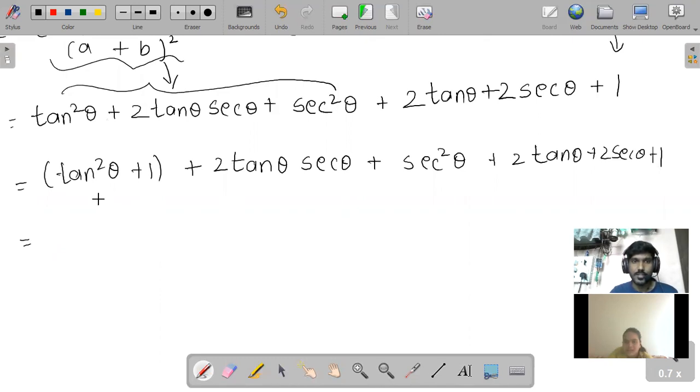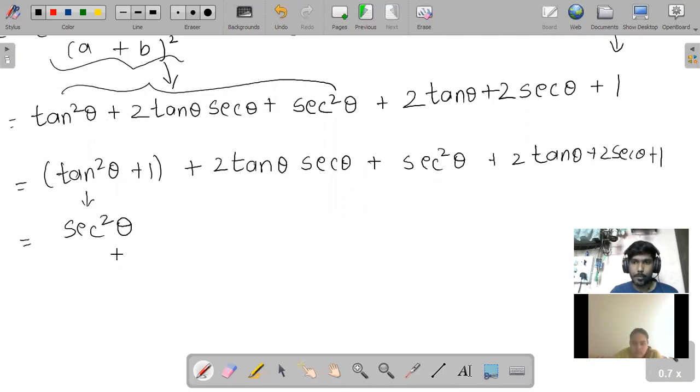See, in this step, I have just taken tan square theta and the last plus 1 together. That's it. The rest of all the terms are as they are. Only tan square theta and plus 1 I have taken together, because tan square theta plus 1 will give me sec square theta.